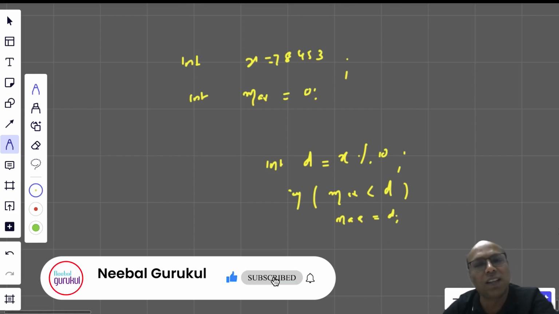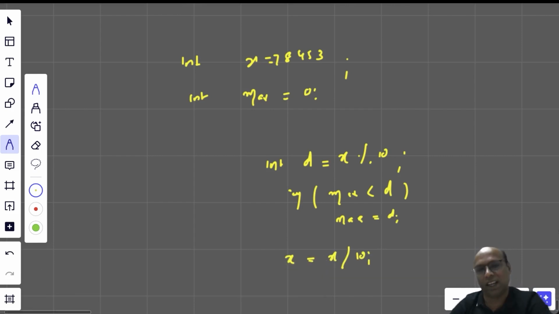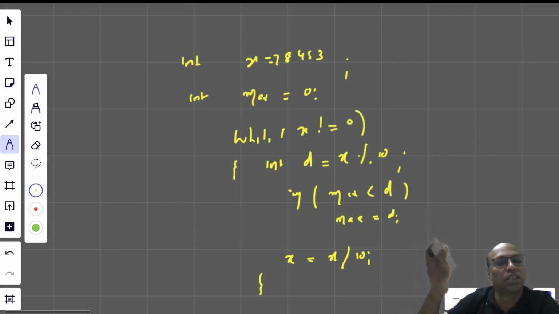Then you go to the next digit. How do you go to the next digit? X is equal to X by 10. How long do you repeat this procedure? Till my X is not equal to 0. You keep on cutting one digit at a time till the number becomes 0.